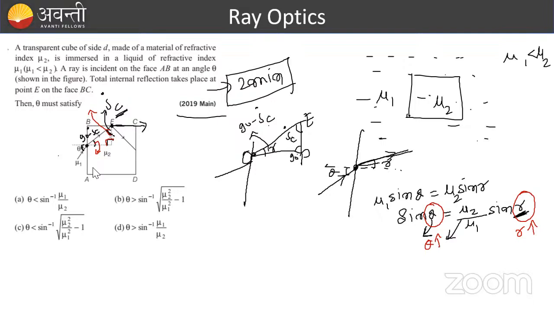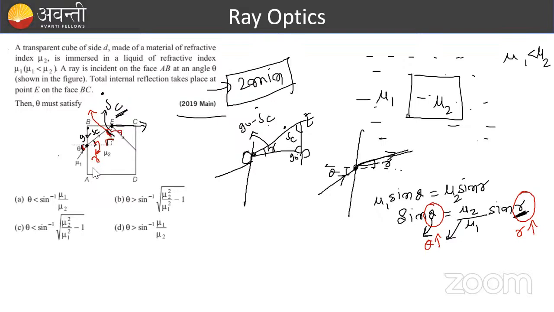So if this angle is IC, for that we will have a value of R, and for that a value of theta. And the angle of incidence theta must always be less than that value. Why? Because if theta increases, R increases, and if R is increasing, this angle will decrease.